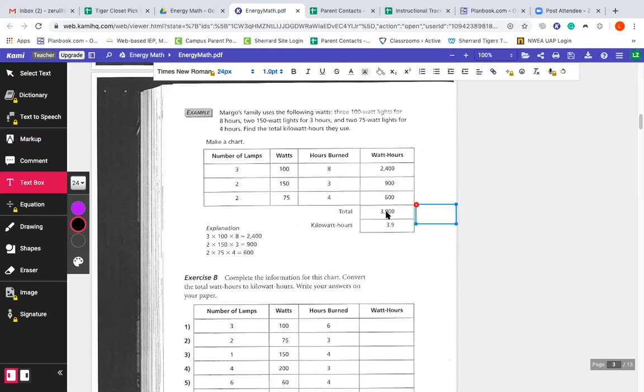Okay, so I have 3,900. I could divide that by 1,000. Or if you remember, the easiest thing to do, which is what I had done on the board for you, was to pretend that we have a decimal right there. Pretend decimal.